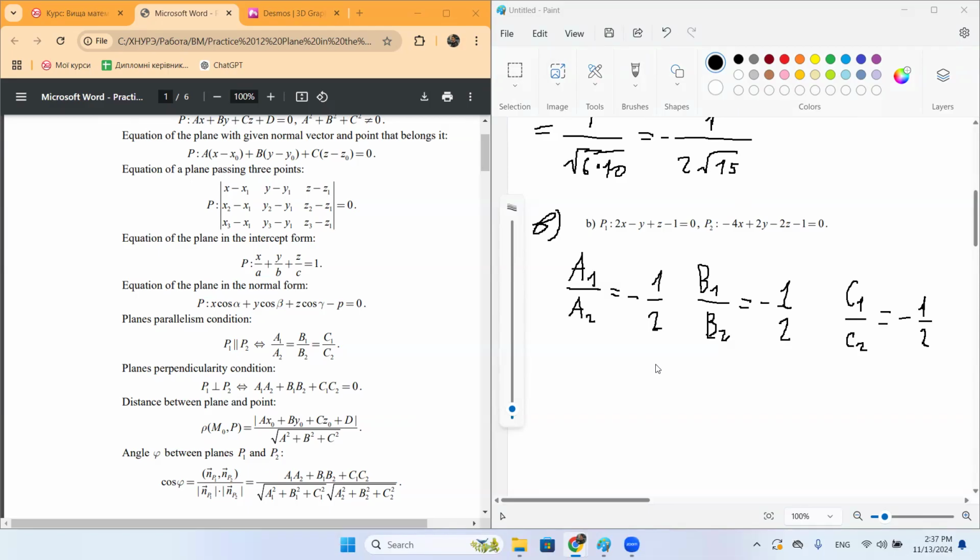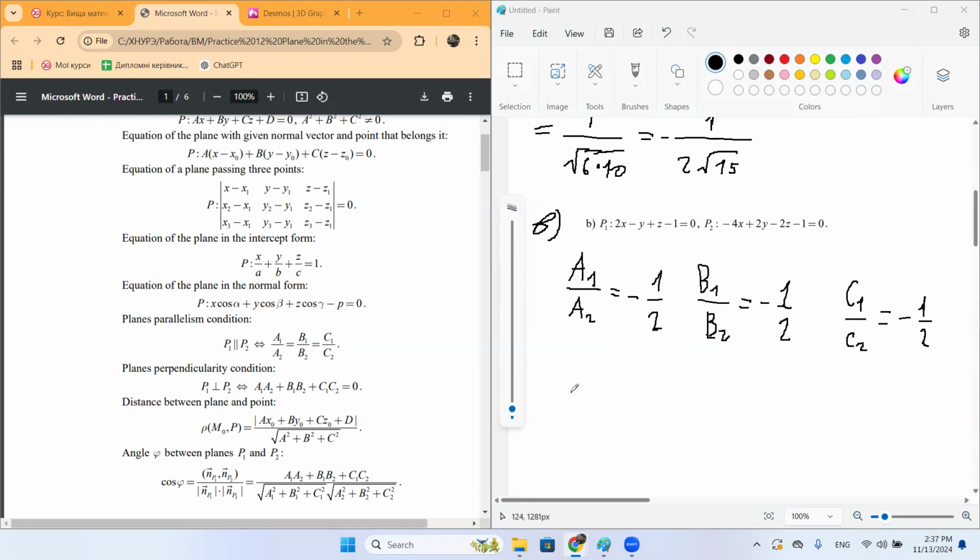We can simply take a point that lies on the plane. Yes, we can take any point from any plane and then calculate the distance between this point and the other plane. The equation of the plane P1 looks more convenient to select the point.